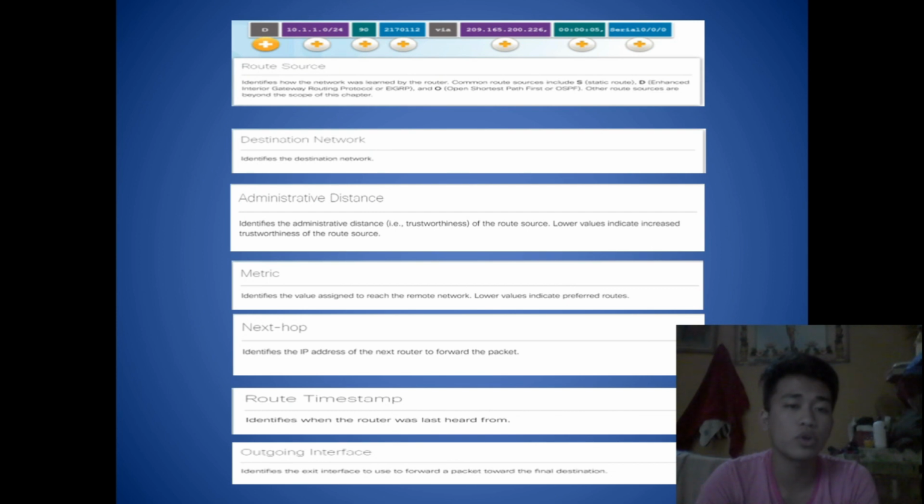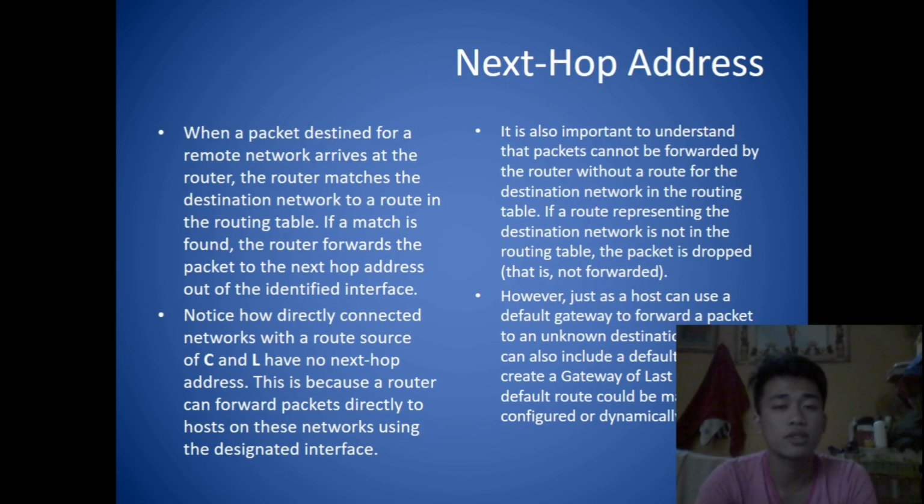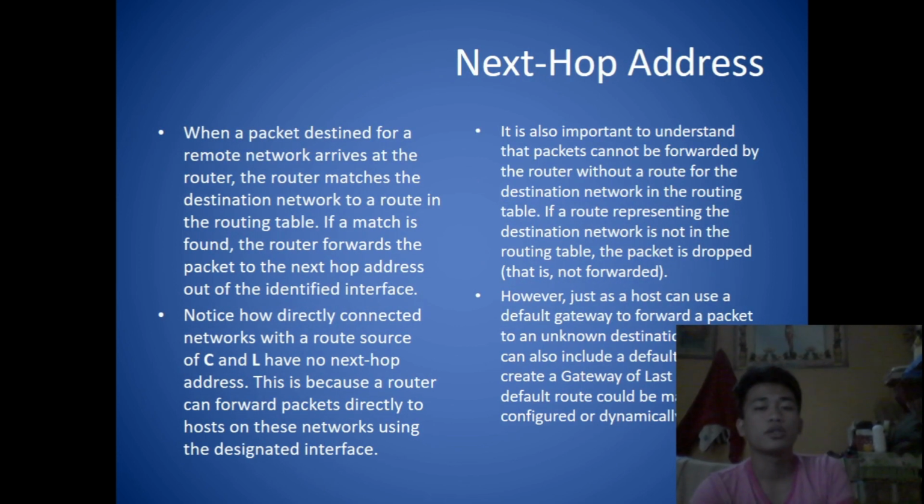We have route source, destination network, administrative distance, metric, next hop, route timestamp, and outgoing interface. It's important to understand that packets cannot be forwarded by the router without a route for the destination network in the routing table.